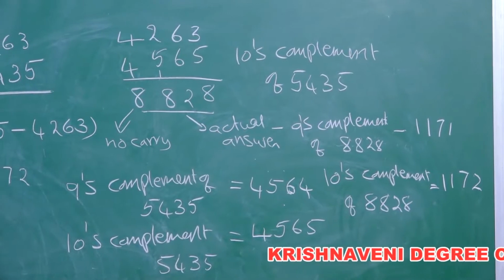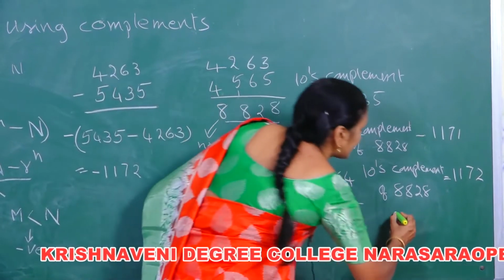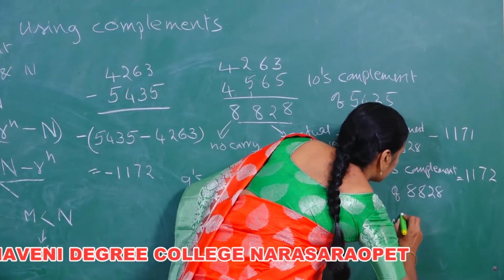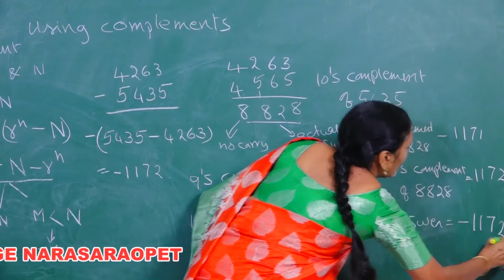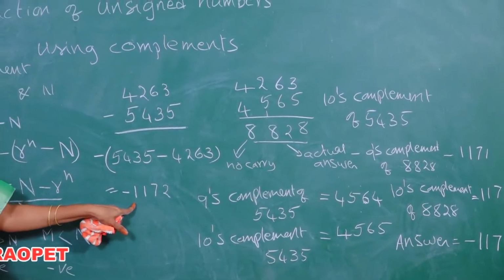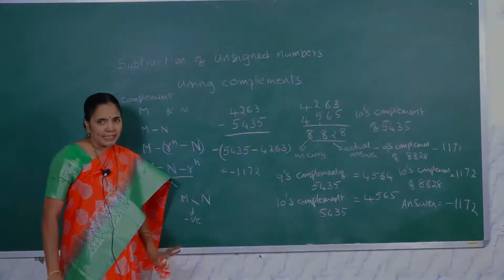As we have complemented once again, we have to add a minus sign, which is the final answer, which is the same as the answer that we have obtained through decimal subtraction.